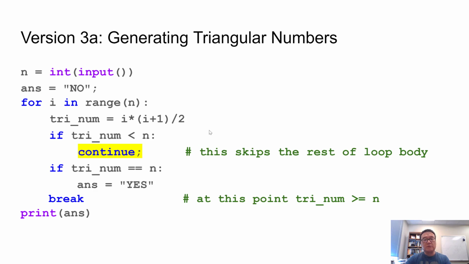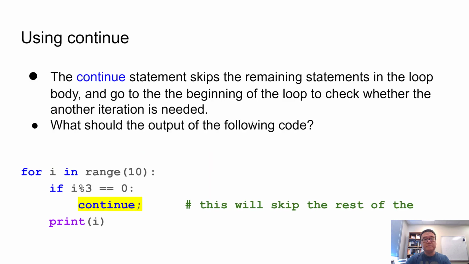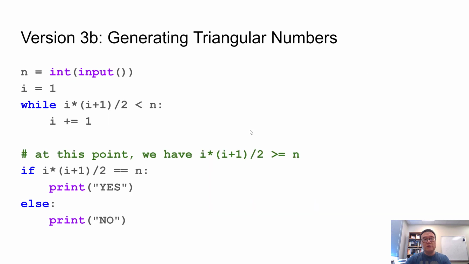So this is one way to do it, using this continue statement. I want to show one more way to do it. This is the last version we're going to show for this problem. Here we use a while statement instead of a for loop. We start from i equals 1, and keep computing the triangular number until it is no longer less than n.